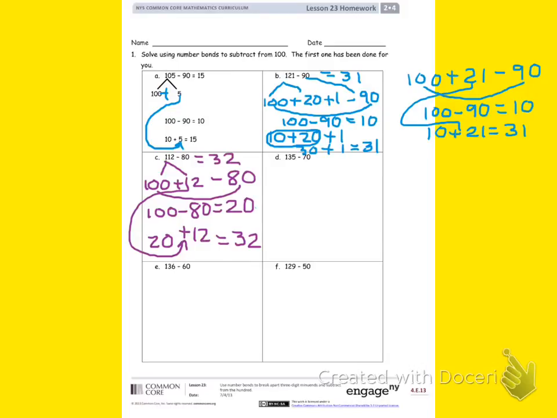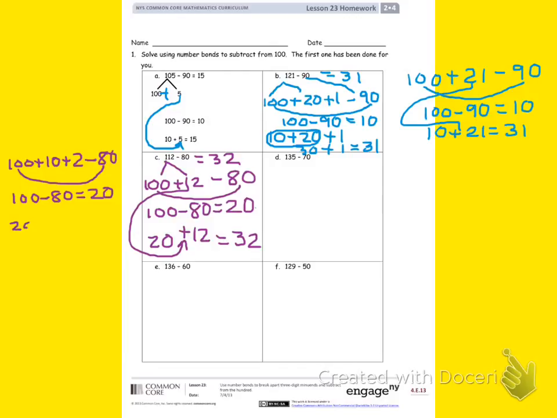If your child feels like they need to decompose 112 all the way, it would look like this. 100 plus 10 plus 2, then minus 80. 100 minus 80 is 20.